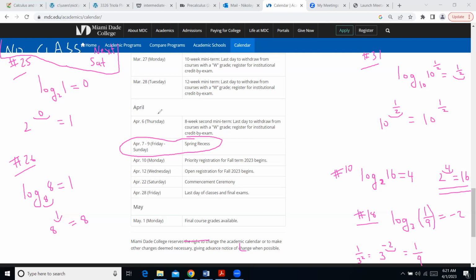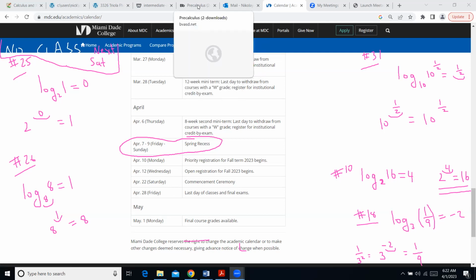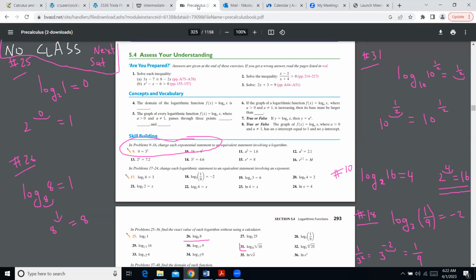No class. And next time we're going to meet on April 15. April 15 will be our next class meeting. So you're not going to have a class for 2 weeks. Can you imagine that? 2 weeks with no math at all. Disappointing.